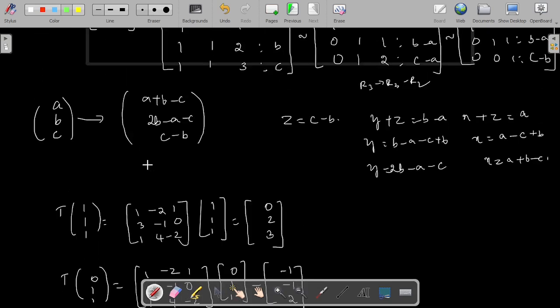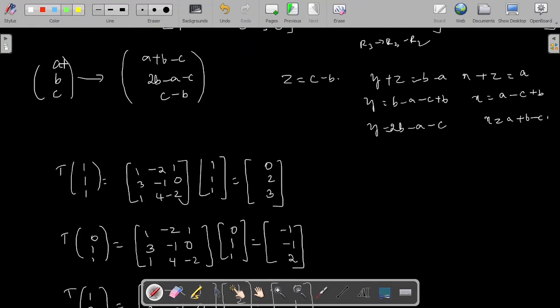So you know now what is the coordinate of any vector A, B, C in R cube with respect to the basis S, it is given by this. This is the coordinate of any vector with respect to S. Now apply that here.